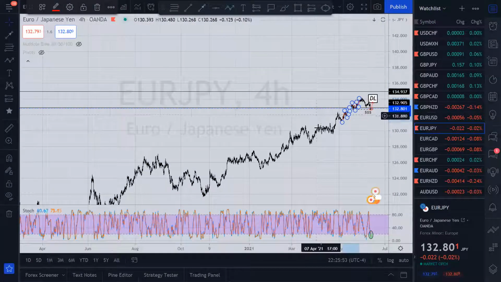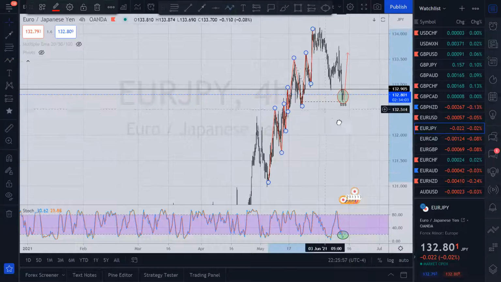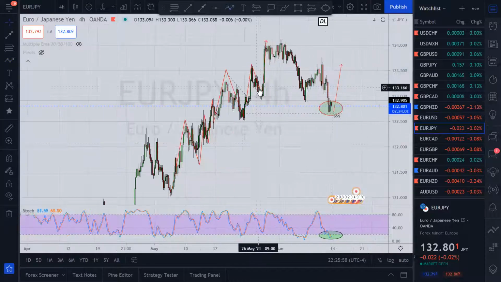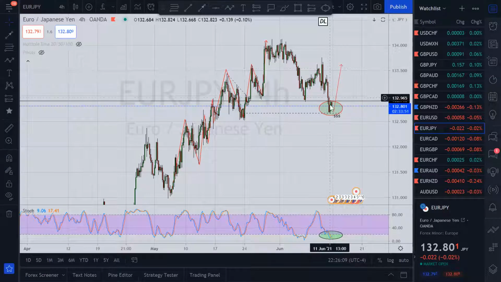I don't want to spend too much more time on this one. This is my level here. This is the level I will consider a break of structure, and I only consider it a new trend once we break that structure and come back and retest it.